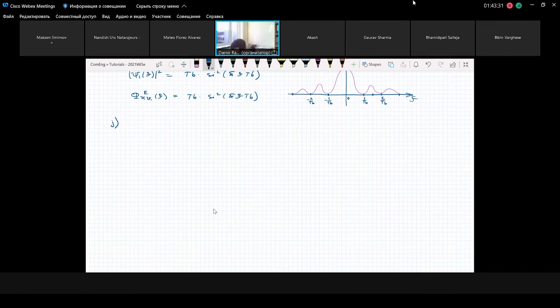Find the autocorrelation function. So we need to find the autocorrelation function of our bit stream as index of shift in indexes, Pn times Pn plus m. And we can write this autocorrelation function.